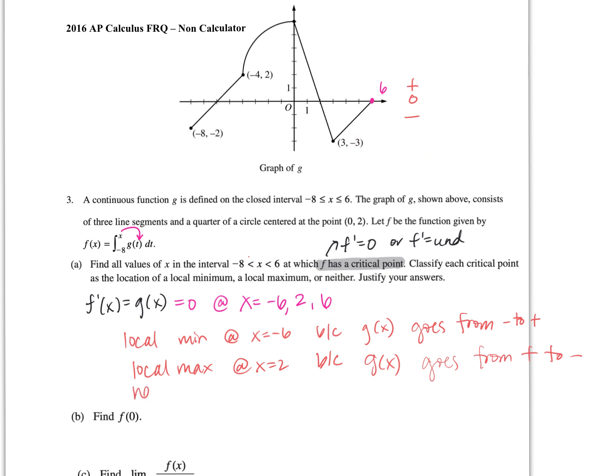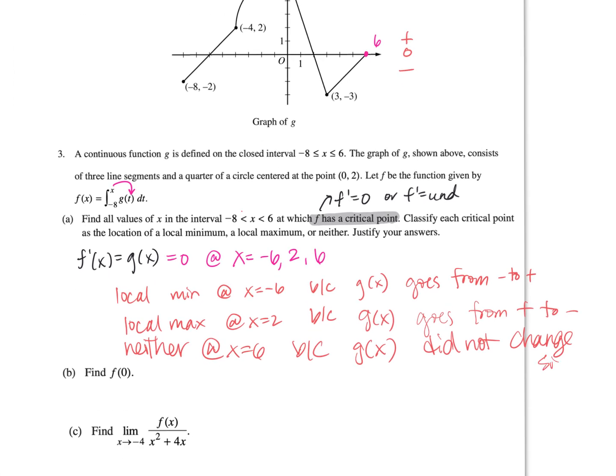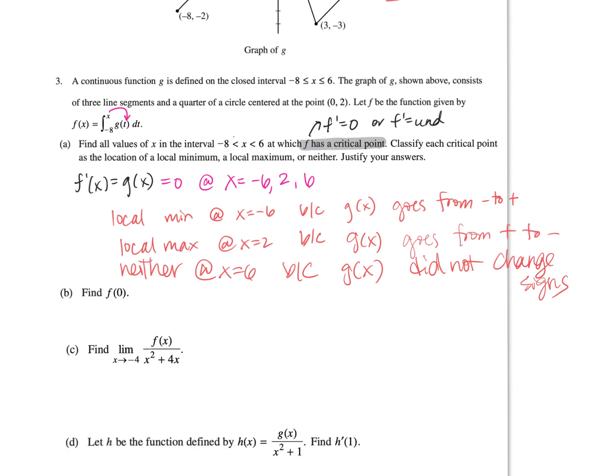And so we're going to say neither at x is 6 because g of x did not change signs. All right, are we feeling okay with that?